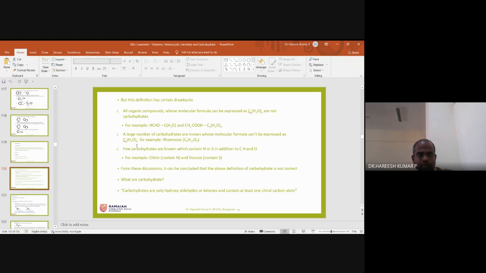In order to overcome these problems, a new definition was given. As per the new definition, carbohydrates are polyhydroxyaldehydes or polyhydroxyketones and they contain at least one chiral carbon atom. These types of compounds are called carbohydrates.